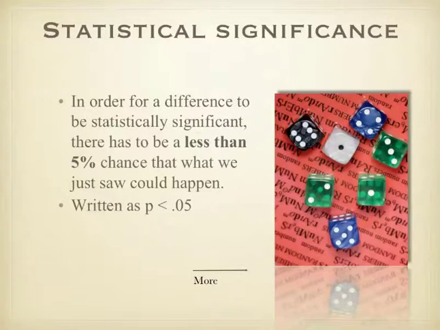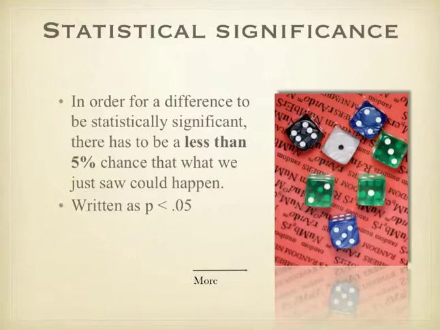Now, SPSS, or the statisticians, have a way of determining the likelihood that the sample that you pulled that showed a difference could be just the result of chance. So what we in the social sciences require is that there can only be a 5% chance that what we saw just happened.